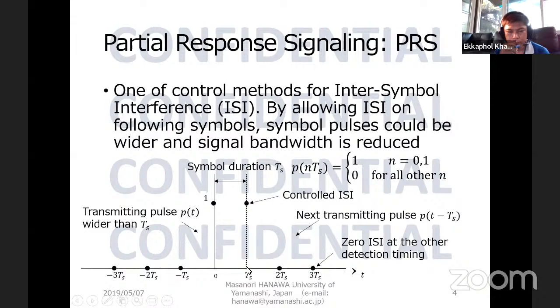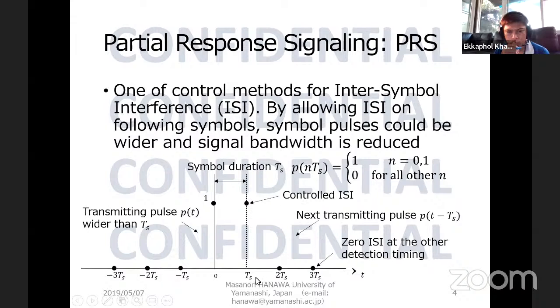If we want to transmit the next bit, for example in the 101 case, pulse 0 at TS, then we don't send anything at TS and 2TS. And the next pulse would be sent at the time instance of 2TS. For the 101 case, the next pulse starts from 2TS. But as you know, we sent one twice at 0 and TS. And at time 2TS, we sent another pulse again.